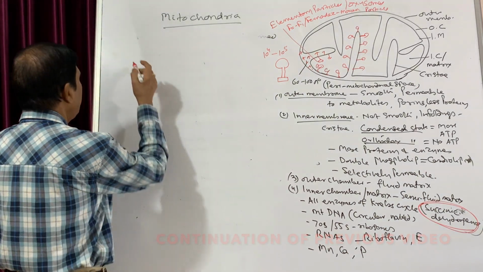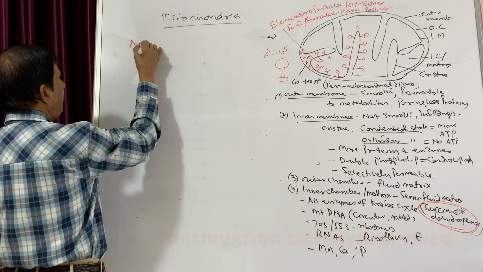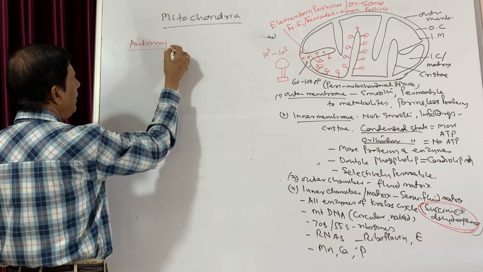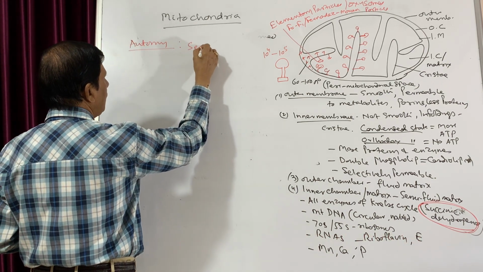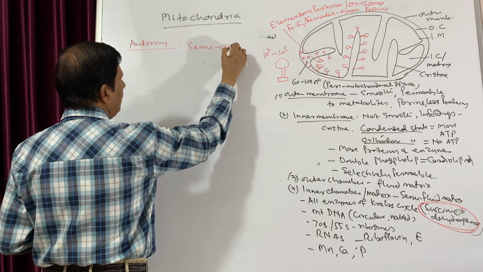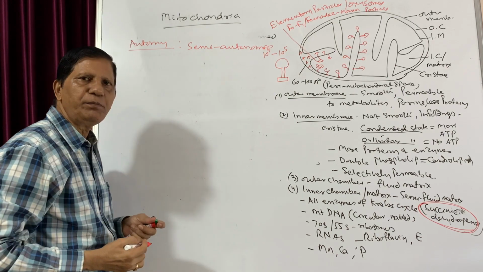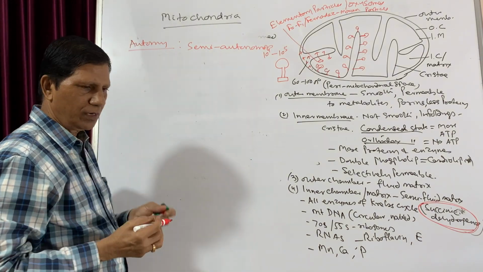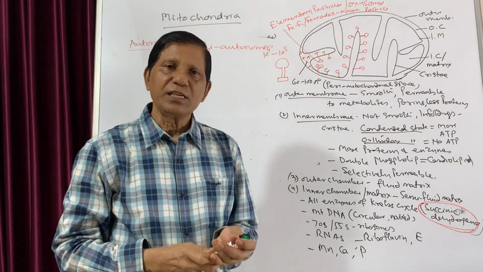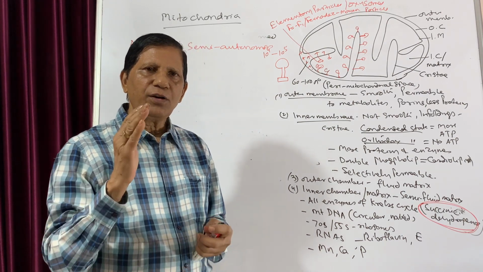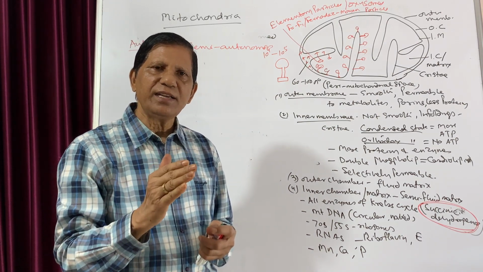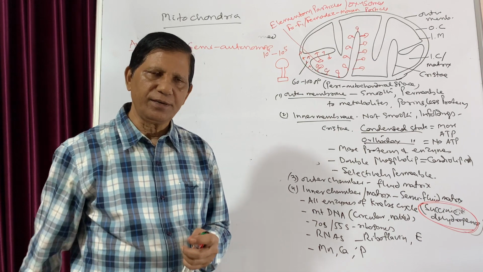That means, if you study the autonomy, then it is known as semi-autonomous, not fully autonomous, because it cannot synthesize all the proteins required by it. Only a few are there. So it is semi-autonomous. Now another aspect. The mitochondria is comparable to a prokaryotic cell.